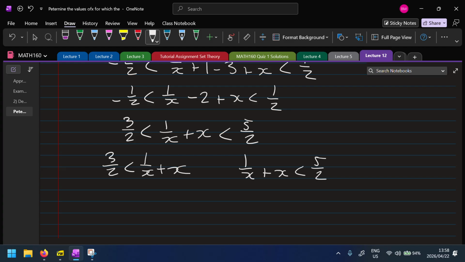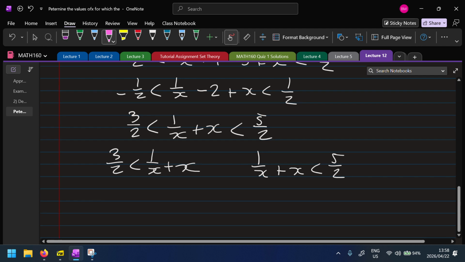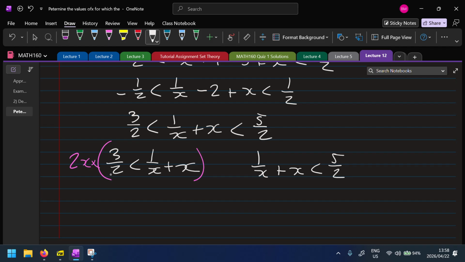Now I don't really like working with these fractions, so let's try to clear that. The x we need to clear, the 2 at the bottom we want to clear. Let's multiply through by 2x. That'll clear the fractions there. On the one side, the 2's will cancel, so we just have 3x.